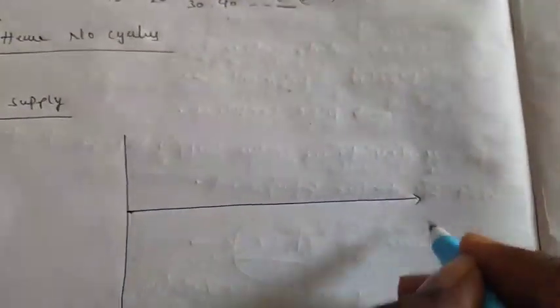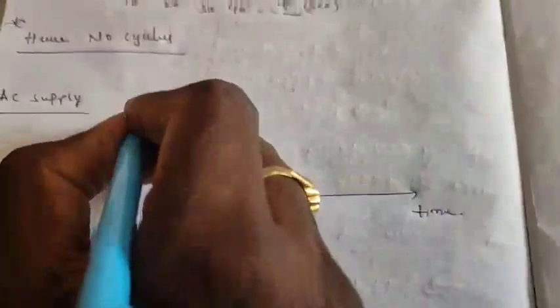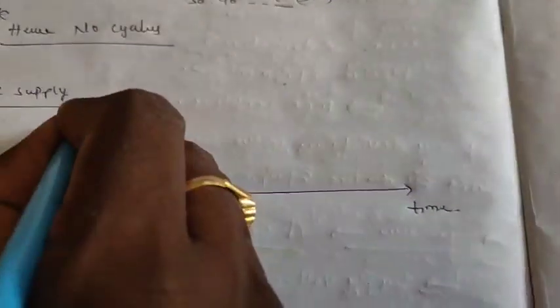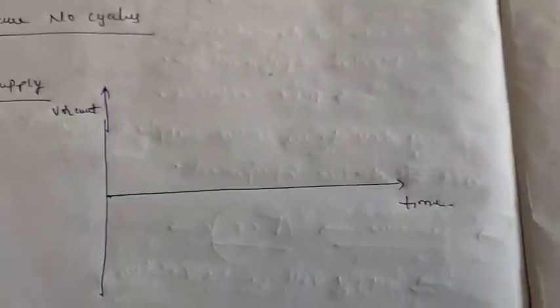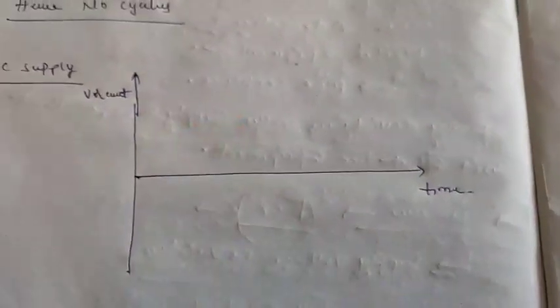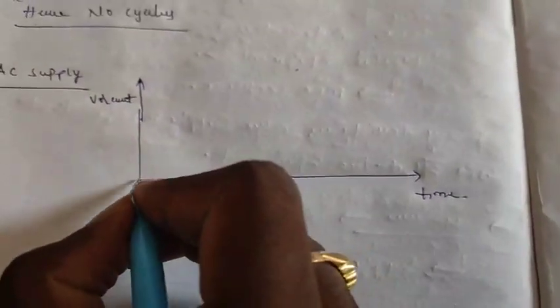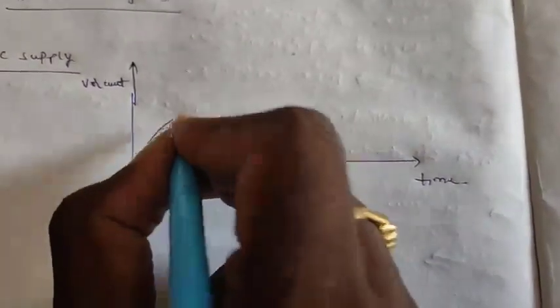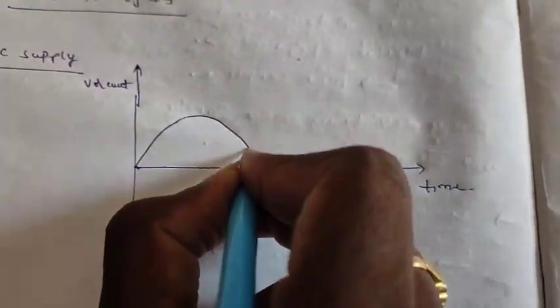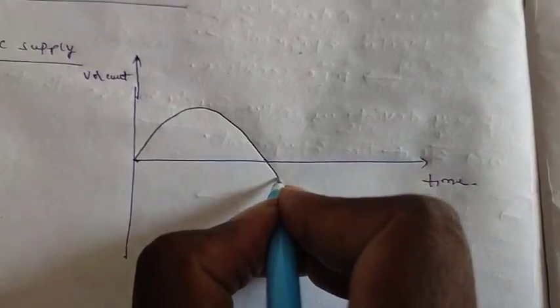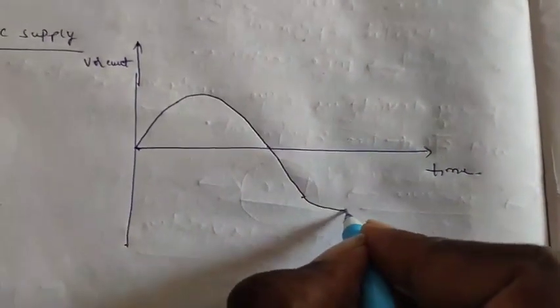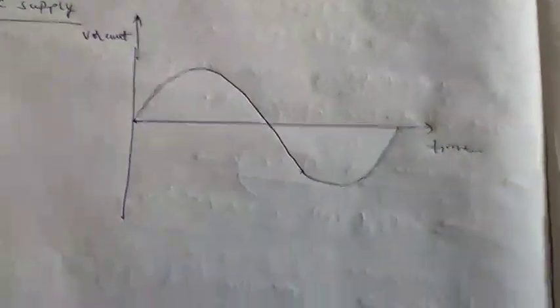Now we can go for AC supply. Same thing: I am representing time on the x-axis and either voltage or current on the y-axis. The graphical representation is like that.